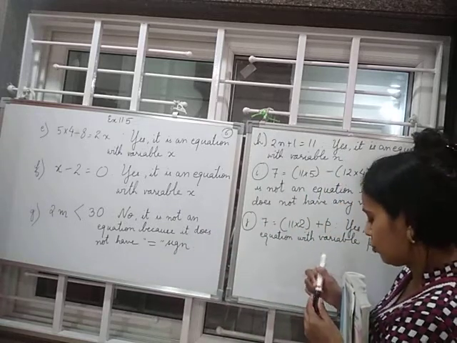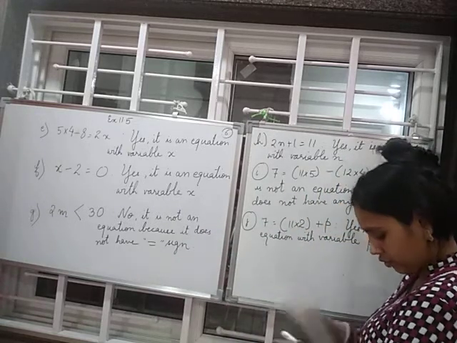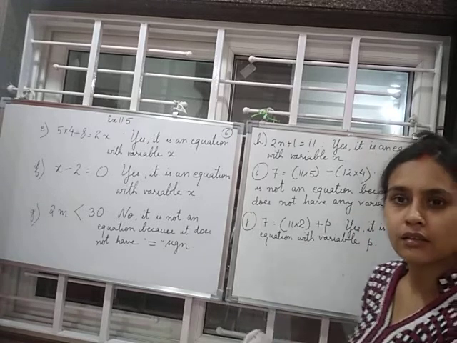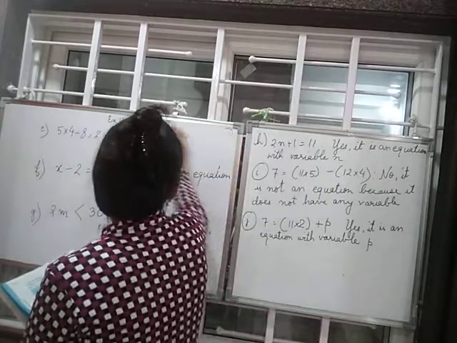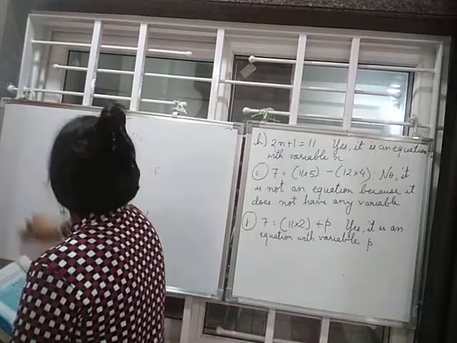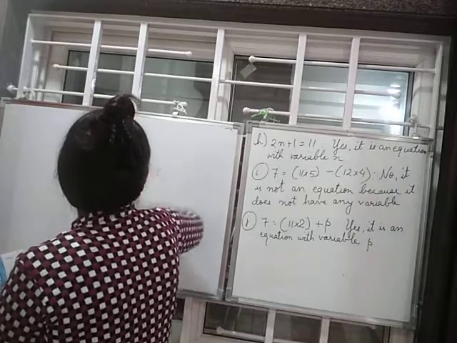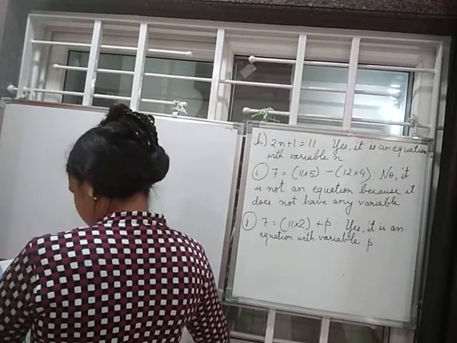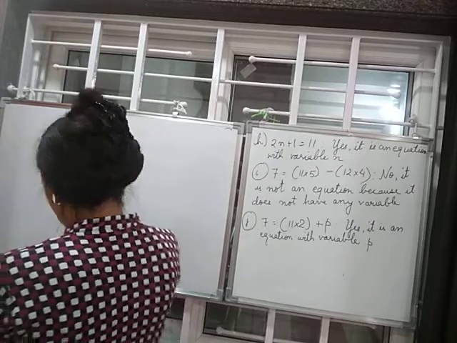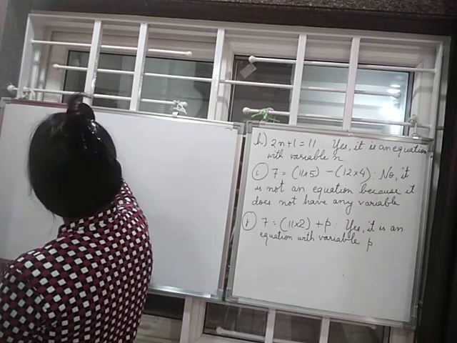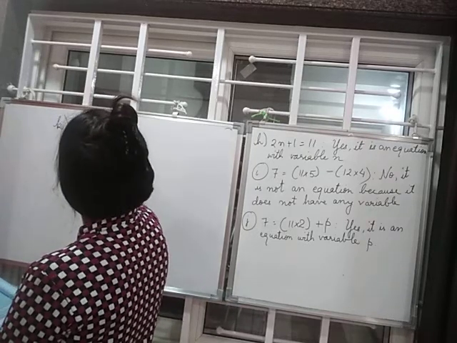This completes J. Then we go to K. Starting with K. Twenty is equal to 5.